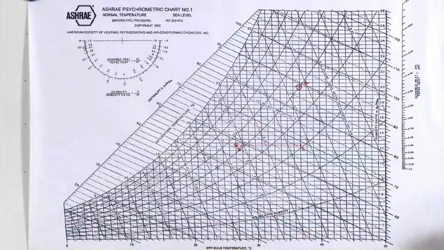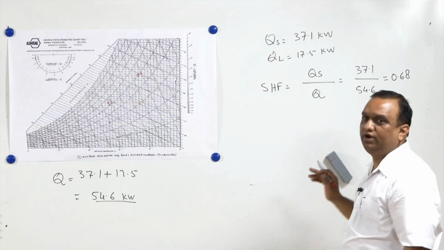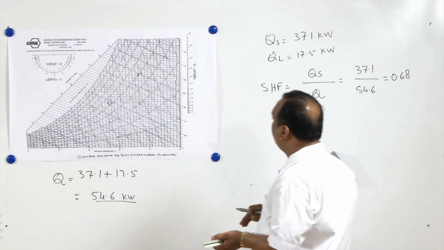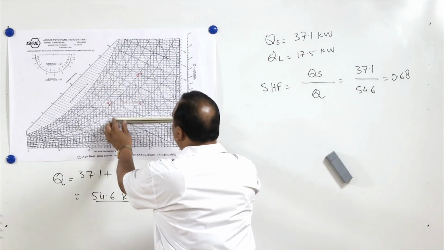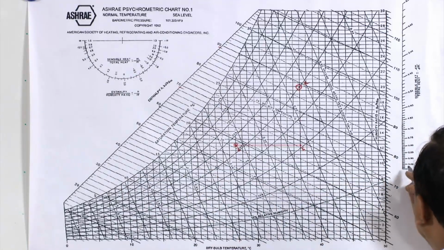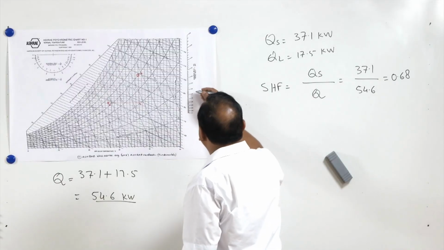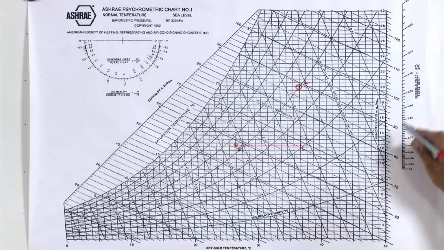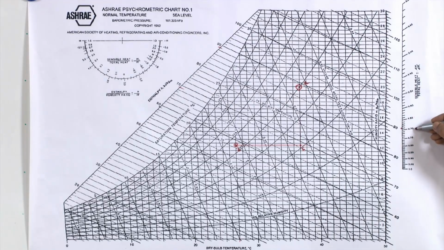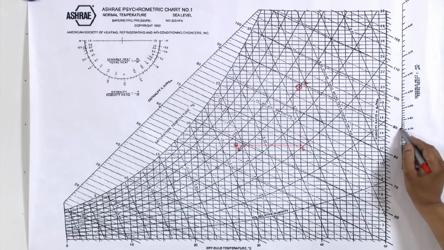A sensible heat factor of 1 means there is no latent heat, so that is going to be a horizontal line. Suppose the sensible heat factor is 0.68: it is going to be here, between 0.65 and 0.7, which is divided into 5 parts. So the second last one is 0.68.